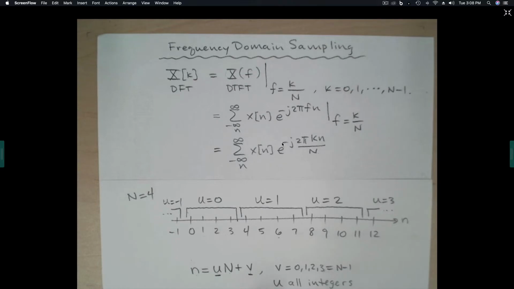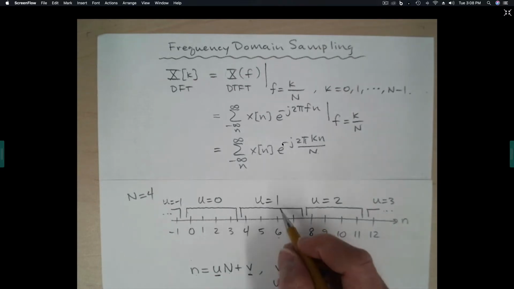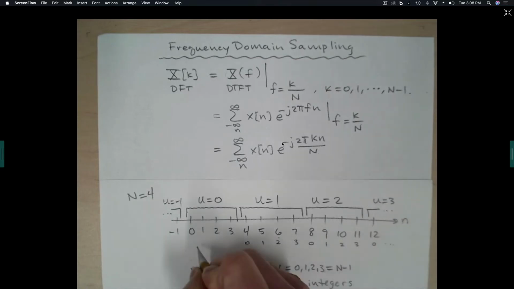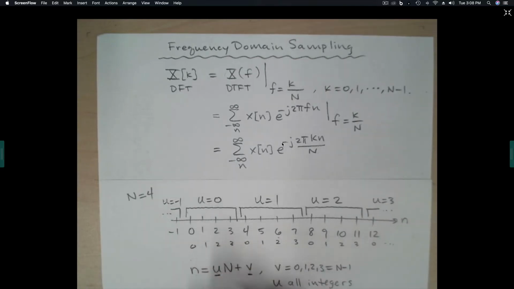The floor of that is 1, so u would be 1. And 6 modulo 4 is 2. So v goes 0, 1, 2, 3, 0, 1, 2, 3, and so on. Again, v is the index within the block, and u is the index of the block.